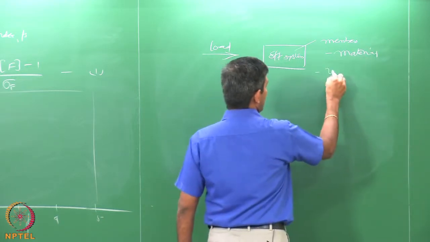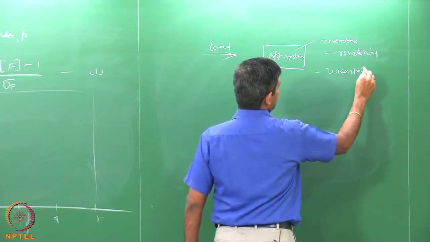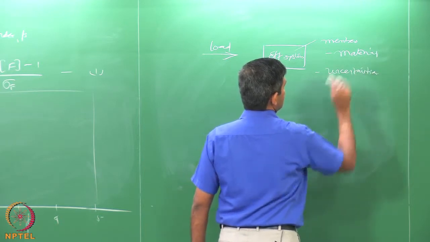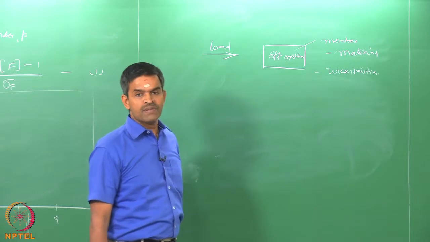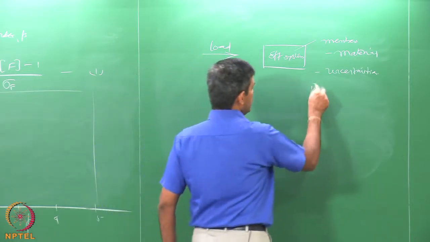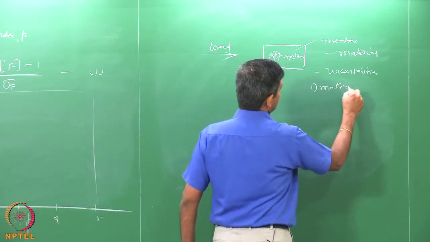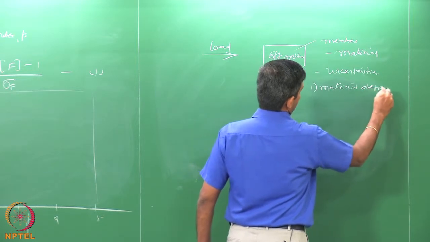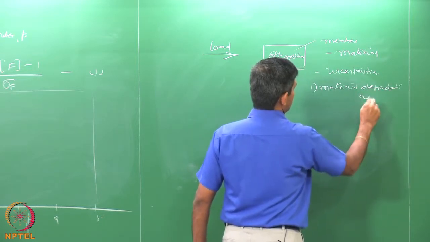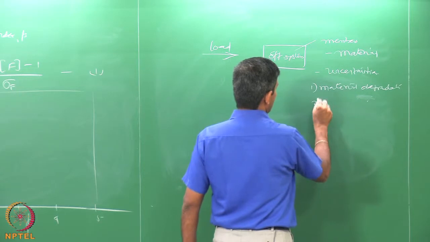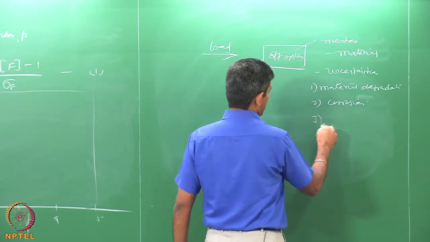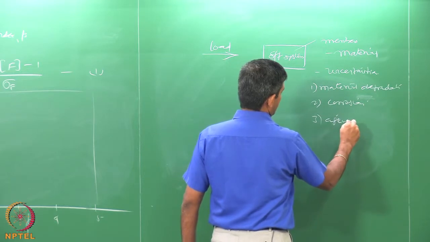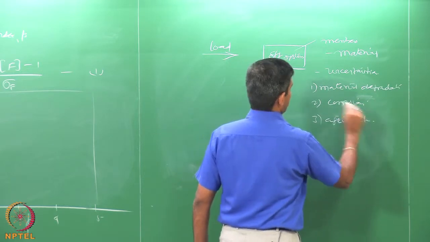We already know there are a lot of uncertainties in estimating the material characteristics for design purposes. One could be material degradation due to aging, due to corrosion, etc.